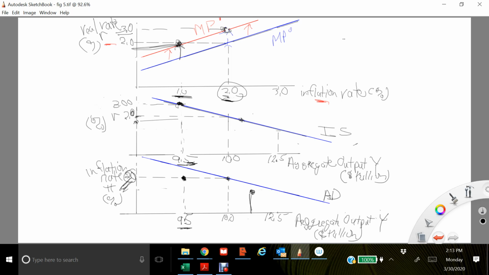And this point would represent our output level that we get from the IS curve here, with the inflation rate here of 1.0. So that's how we get this point.